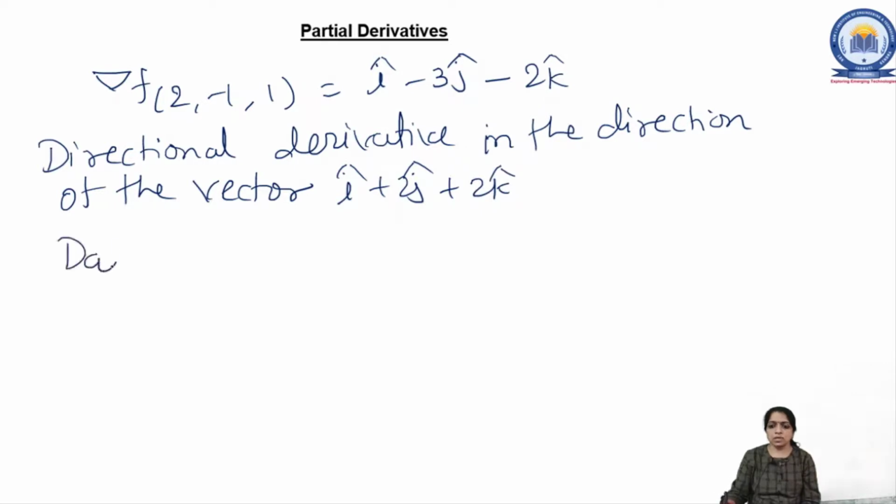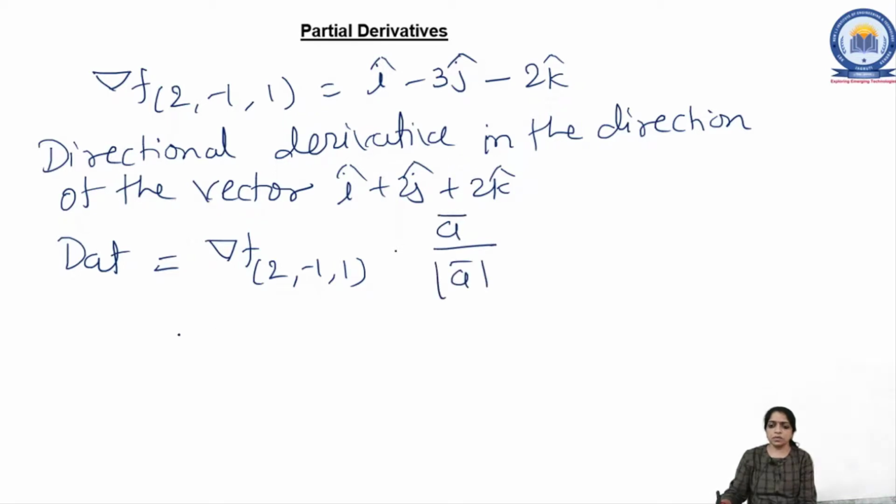So the directional derivative of f is the gradient of f at the point (2, -1, 1) dotted with a upon the magnitude of vector a.